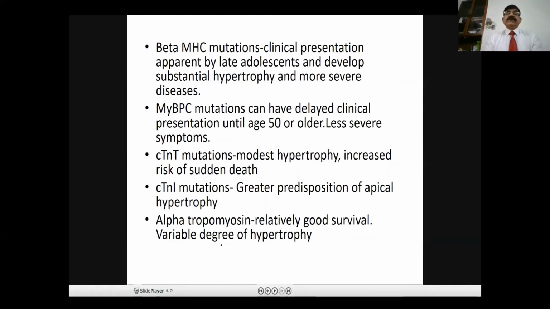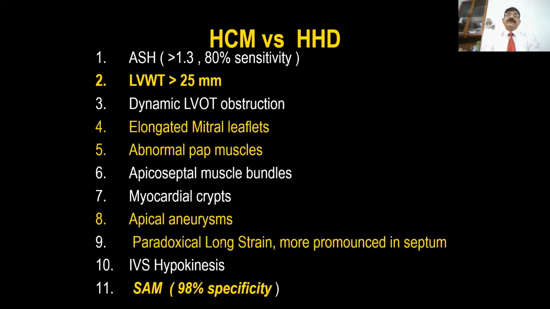The beta myosin heavy chain mutation presents in adolescents, myosin binding protein people do not present until the age of 50 years, and these troponin types actually have more apical hypertrophy, and troponin I has more apical hypertrophy. Troponin T mutation has increased risk of sudden cardiac death.